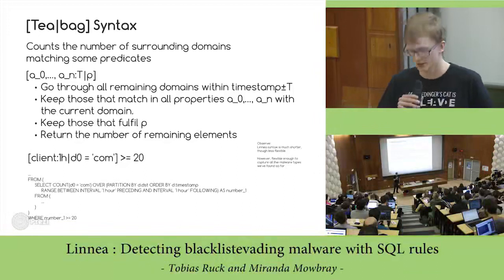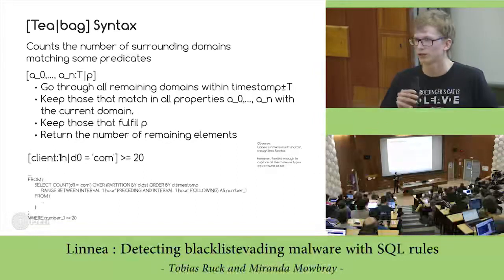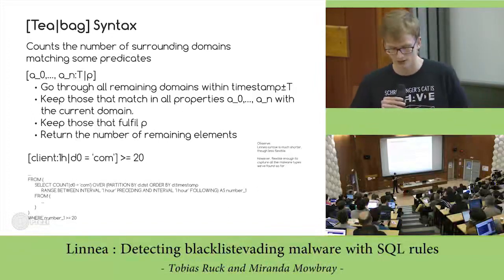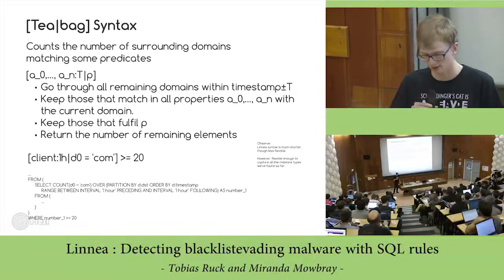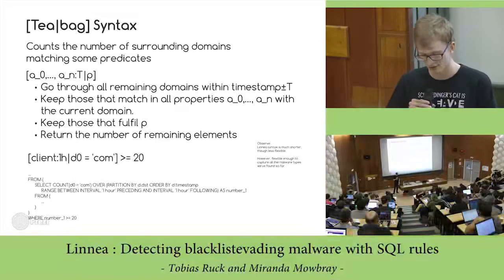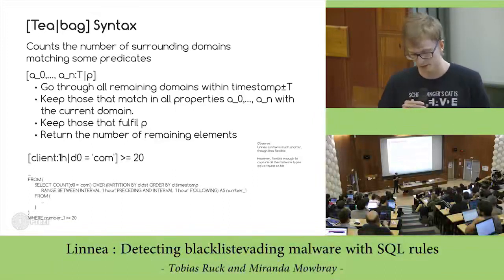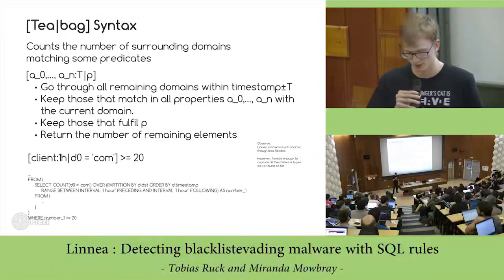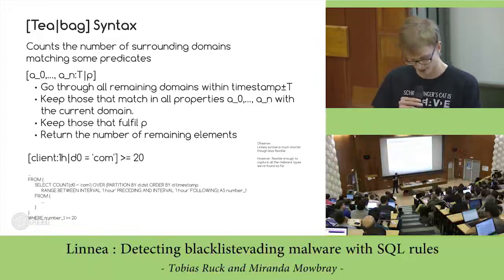Then we keep all those that match all properties A0 to AN with the current domain. For example, this could be the IP of the client. And also note that this is very similar to the group by statement in SQL. Then we keep all the domains that fulfill P, and then we return the number of remaining elements.